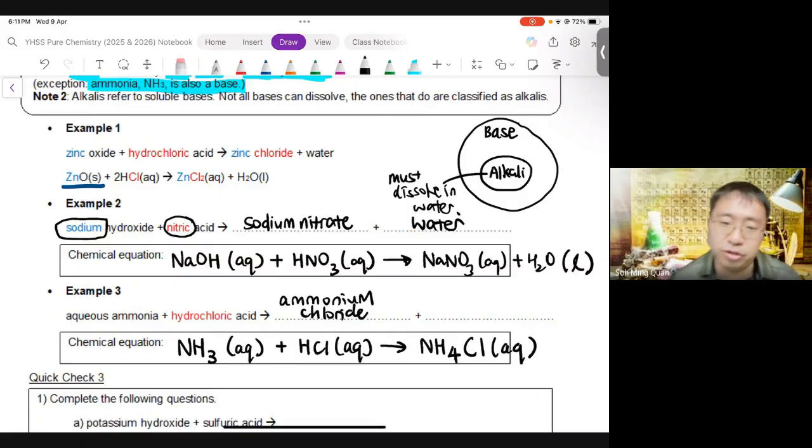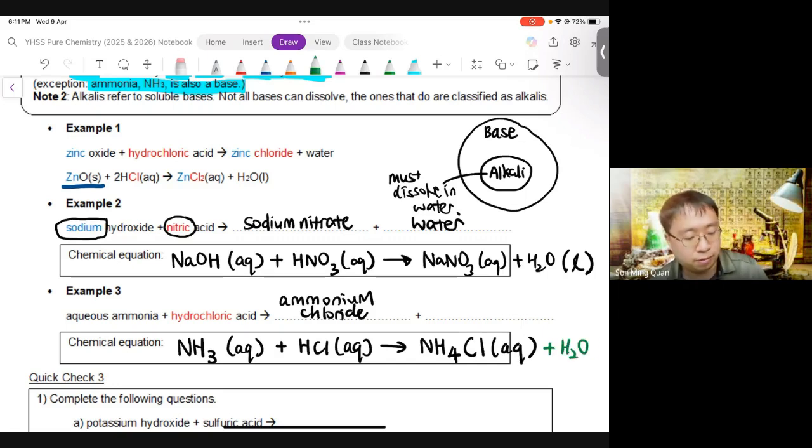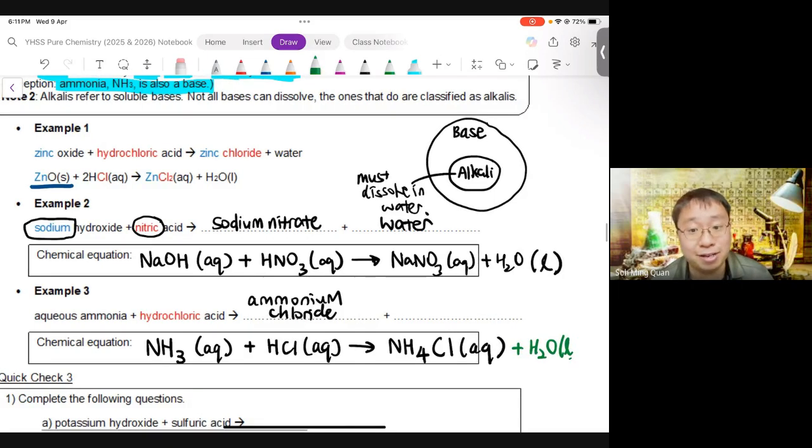And then you must be wondering, so is it not going to be neutralization? I thought neutralization must have salt and water. Yeah, there is water formed. There is water formed. But why is it that it doesn't show up in the equation?